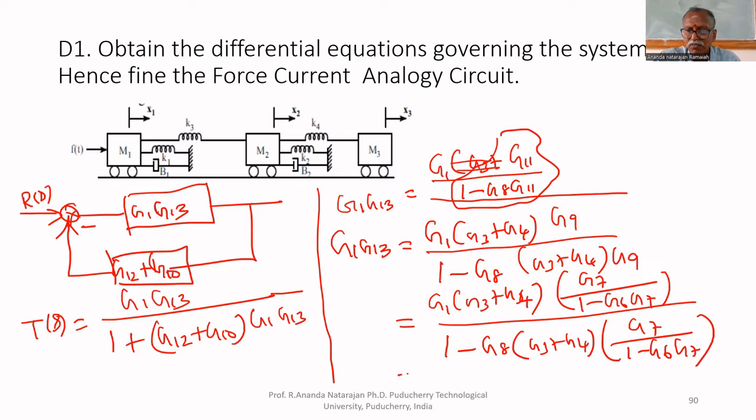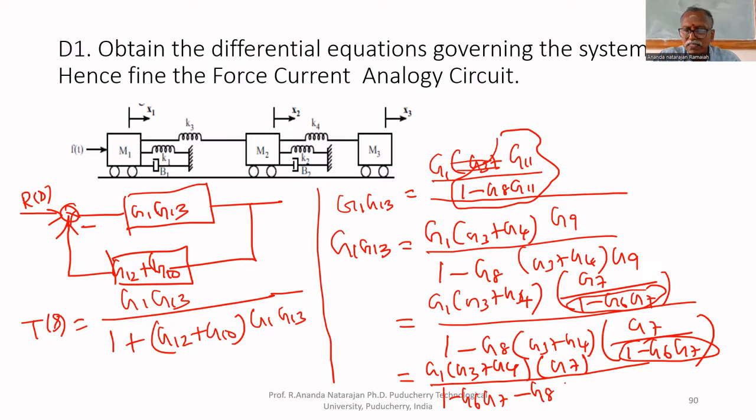What you will get is G1 times G3 plus G4 multiplied by G7, whole divided by 1 minus G6 G7 minus G8 times G3 plus G4 multiplied by G7. So we got G1 G13. The numerator part we got now. The denominator part we have to find.